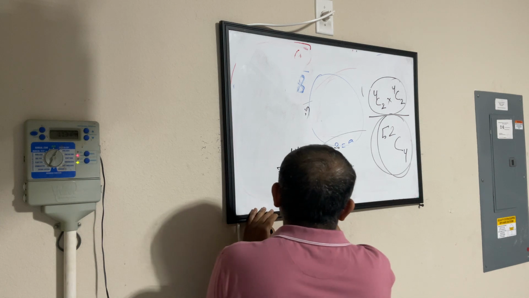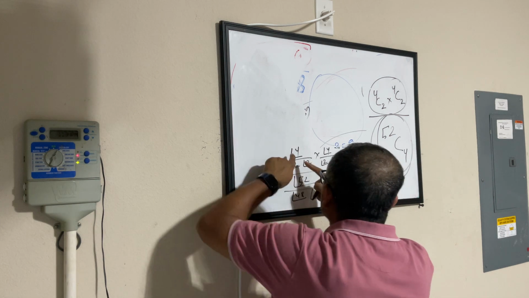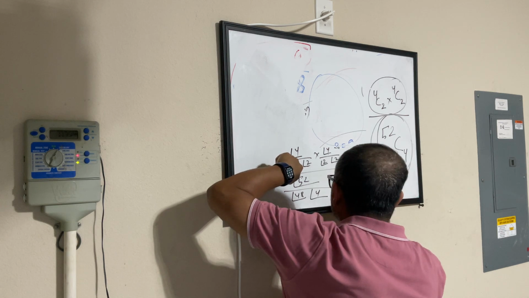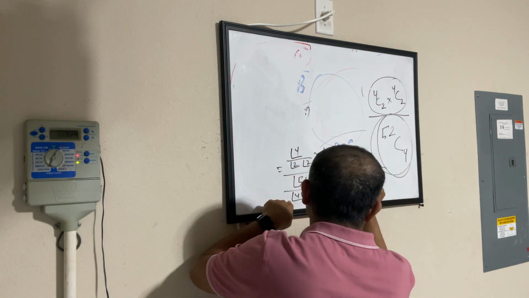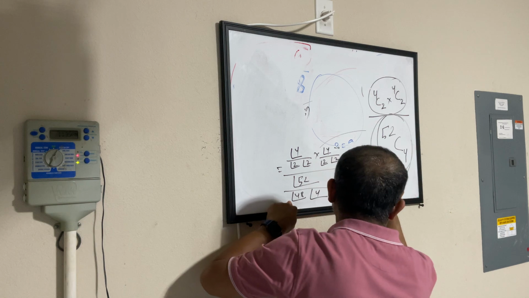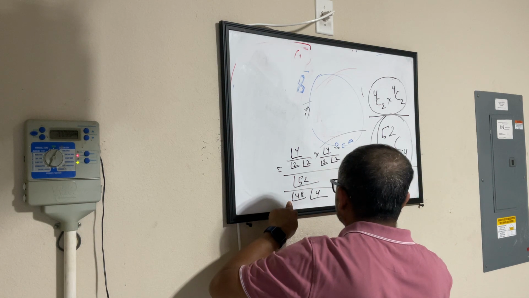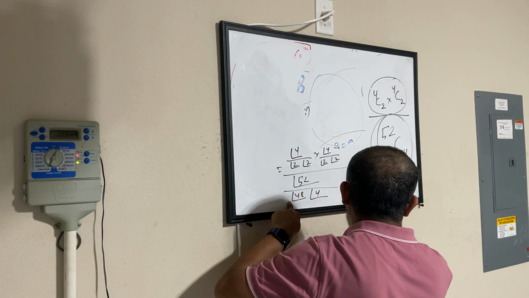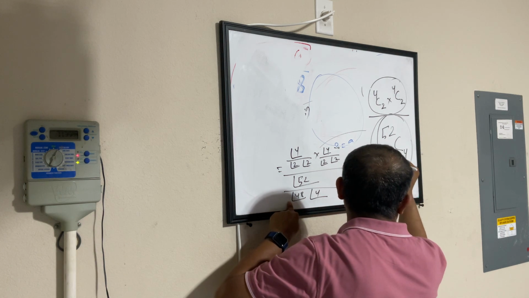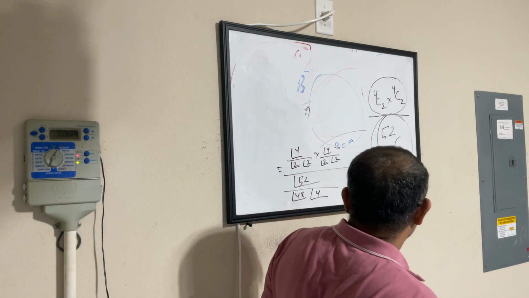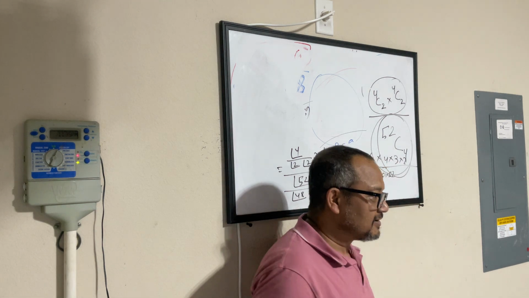Now this becomes 4, so this becomes 2 into 2, 4, so 3 into 2, 6, into 6, divided by 49, 50, 51, 52. It's not a good fraction. Into 4, 3, 2. Yeah, you deal with it.